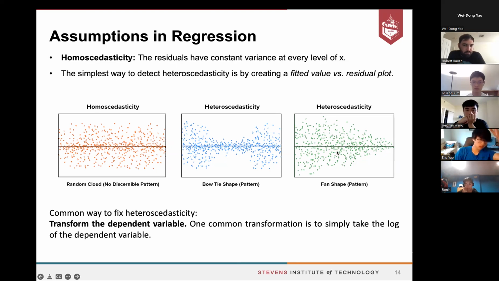In the other two graphs, we can see that there is no equal distribution of the residuals. The same goes with this graph as well. A common way to fix the heteroscedasticity is to transform the dependent variable, by taking the log transformation, which will make the data normalized and linear as well.